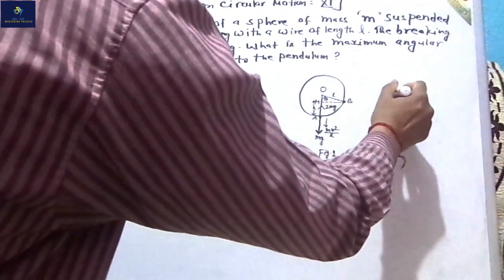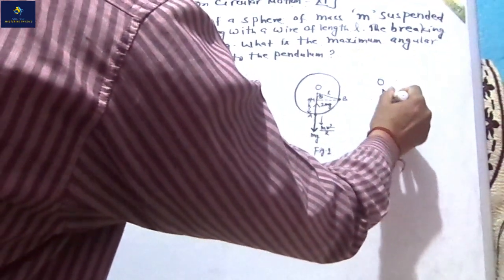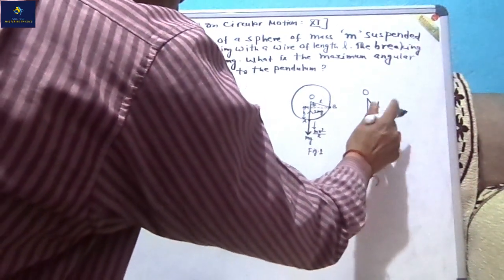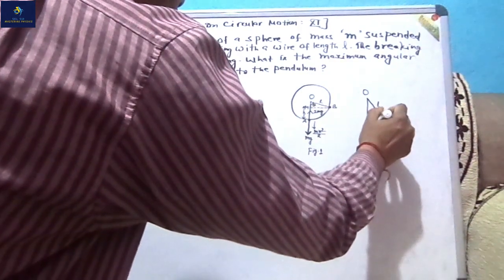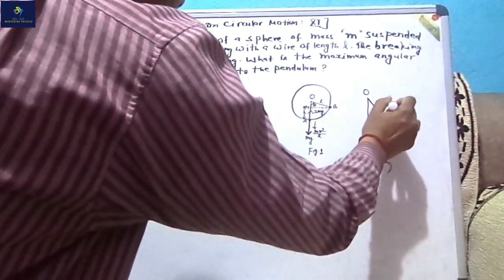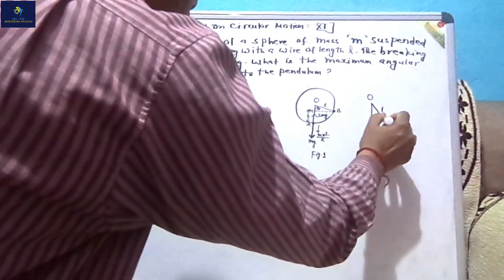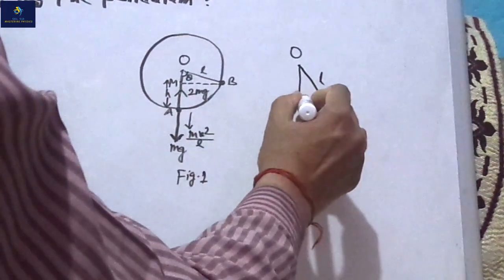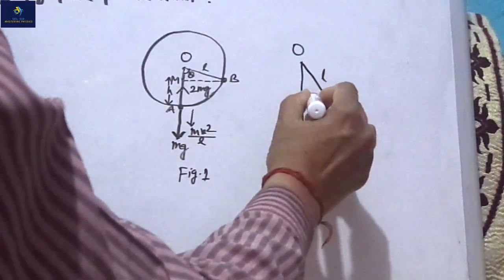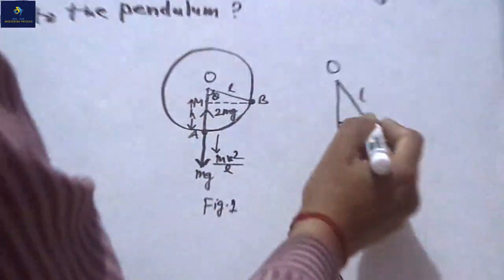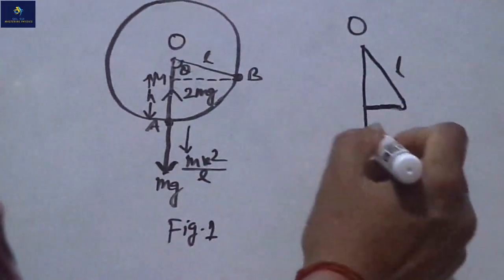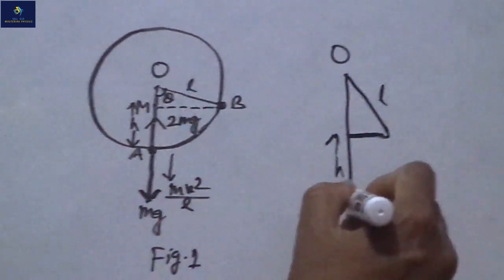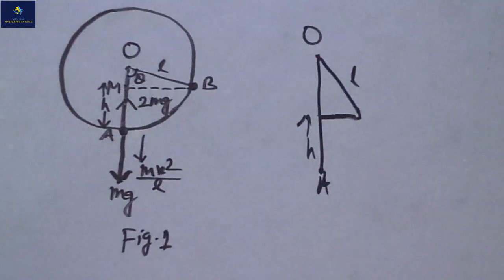This is the point O, and this is the length L of the string. When it is displaced by some angle, it gains some height. We suppose this height is h, and this is the point A shown in the diagram.